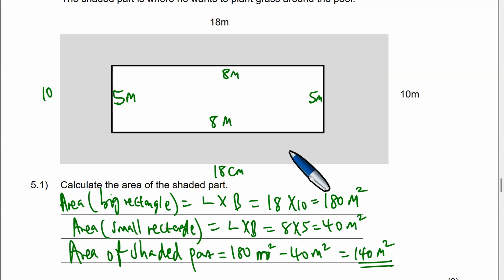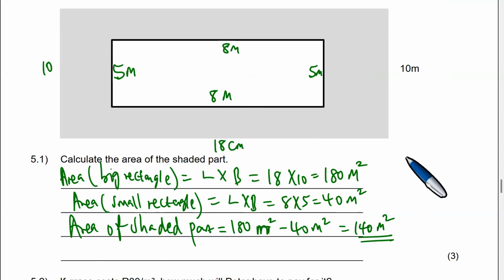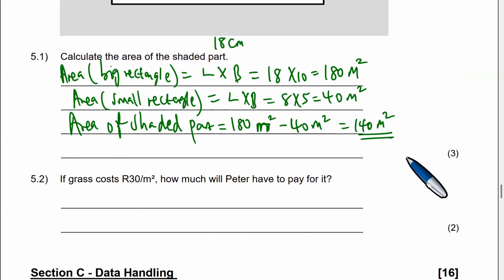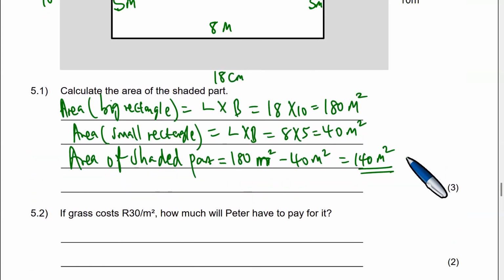Okay. Yes, sir. Right, next question. If the grass costs 30 rand per square meter, how much will Peter have to pay for it? What's the answer?